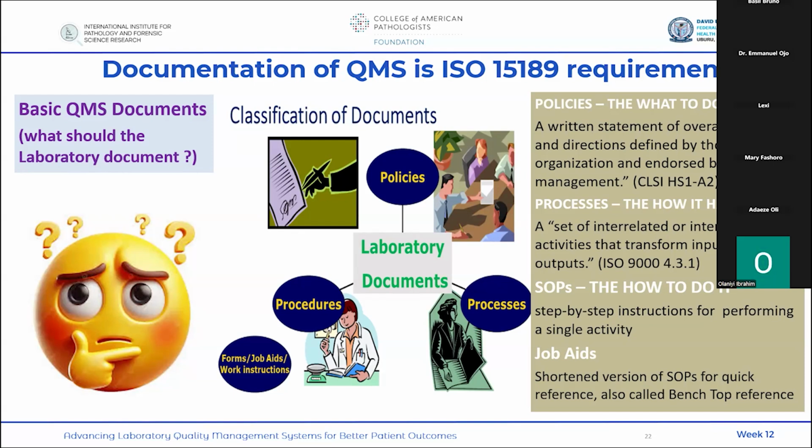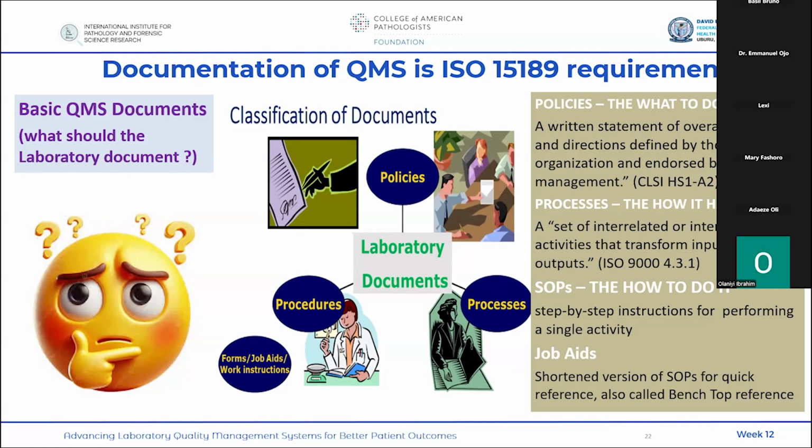Then we have forms, job aids, work instructions. And these are definitions of what each of these levels of document is all about. For policies, it talks about what to do. It's a written statement of the overall intention. And this is formulated by upper management.